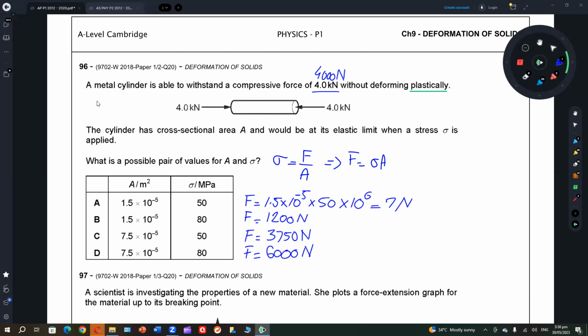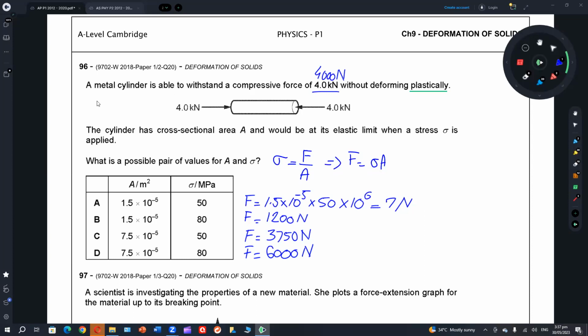No, that's a problem. Actually, no option is coming in this range. We should either see our calculation again, or... 6000, but 3750 looks to be the closest. But the problem is that there are two forces of 4,000. Did you check the calculation again?